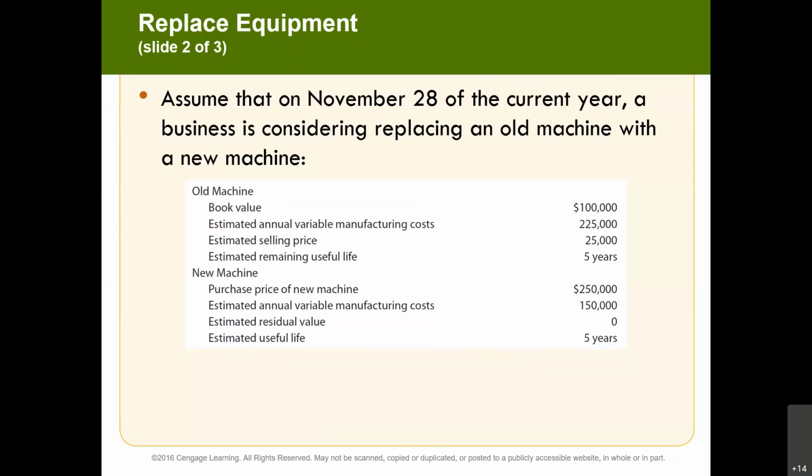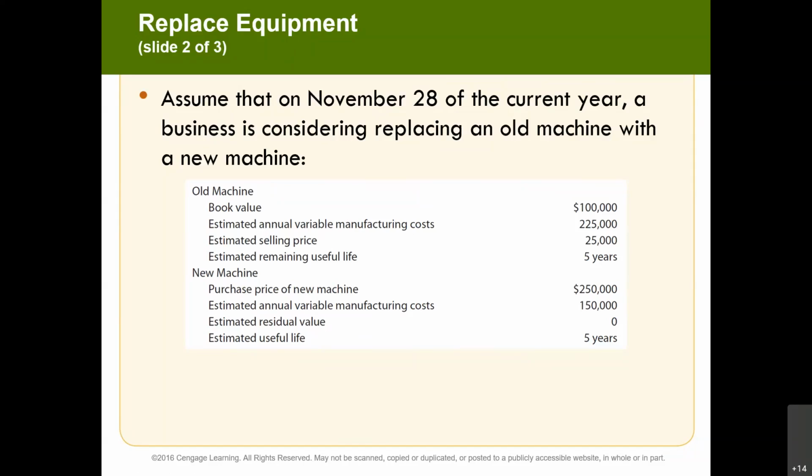It's because we keep making band-aids on it, right? If we want to purchase a new one, it's $250,000. The estimated annual variable manufacturing cost is $150,000. Residual value at the end of the 5 years would be 0, and its useful life will be 5 years.